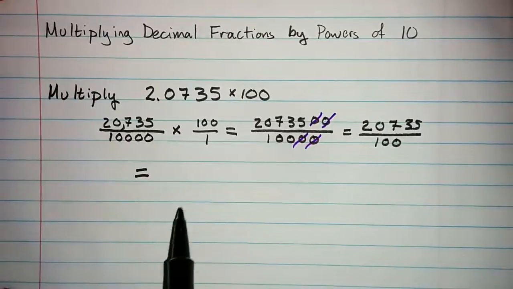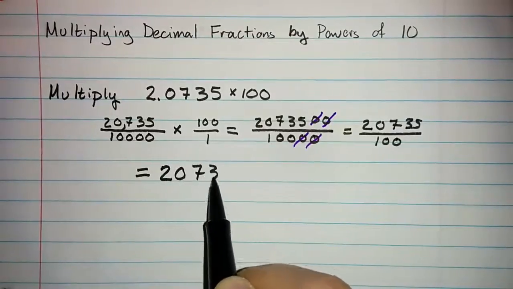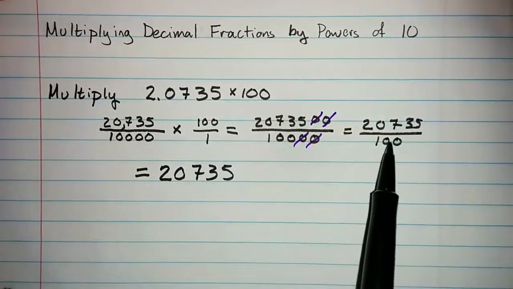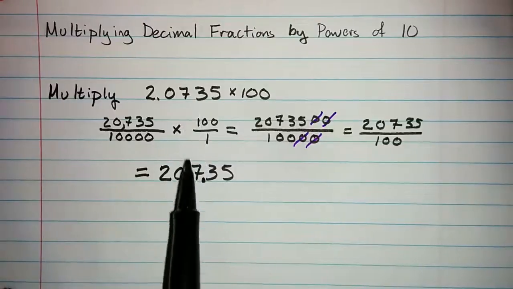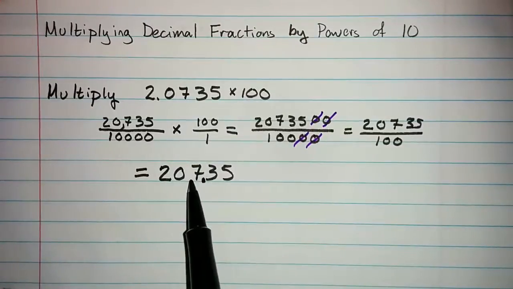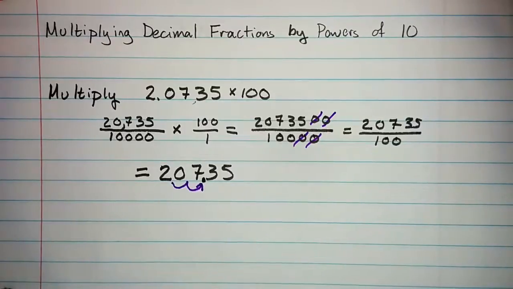In decimal notation, I'll just have the digits 20735, but now I only have 2 zeros in the denominator. So I only want 2 digits to the right of the decimal point. What happened? Notice that our product has exactly the same digits. It just has the decimal point 2 places further to the right.